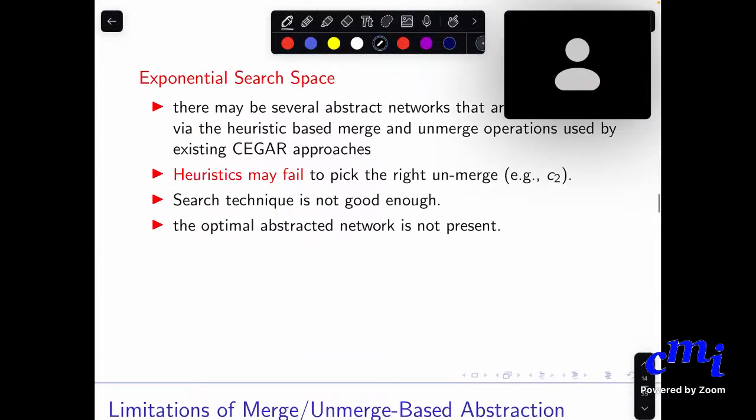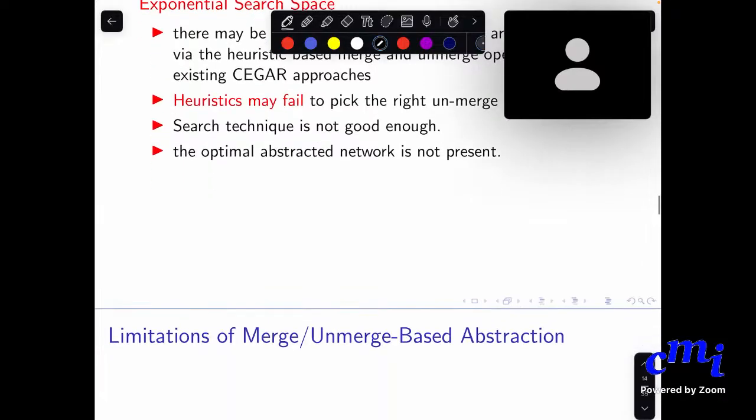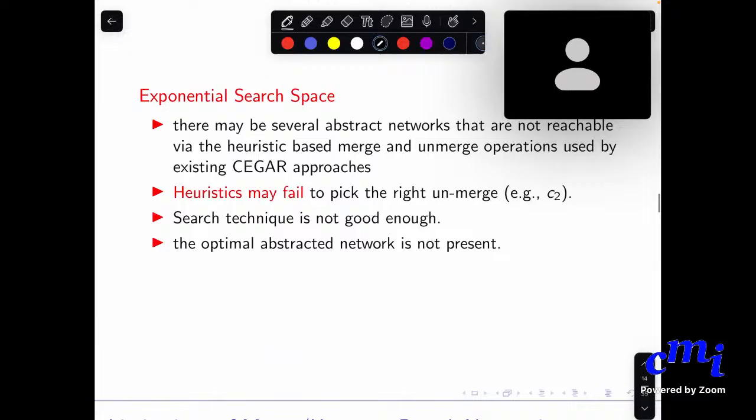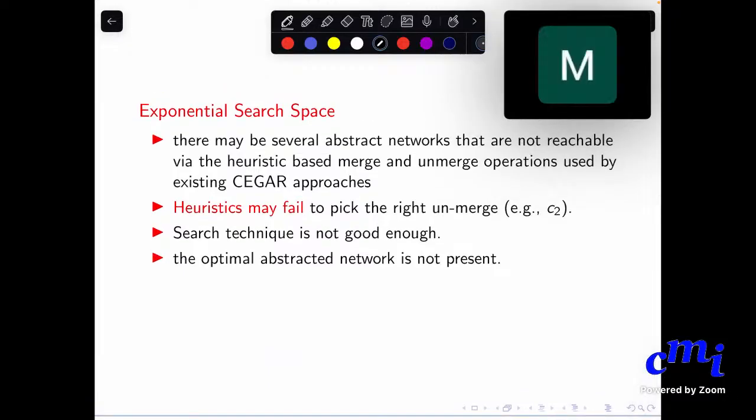So then my question is, can you just clarify what you mean by the exponential search space here? Before you explain that, now that Diganta made that observation, I want to rephrase or understand. When you say the node merging splitting strategy, whether you can reach that optimal or not depends on what kind of splitting strategy you use, correct?